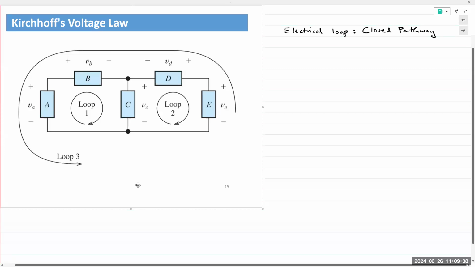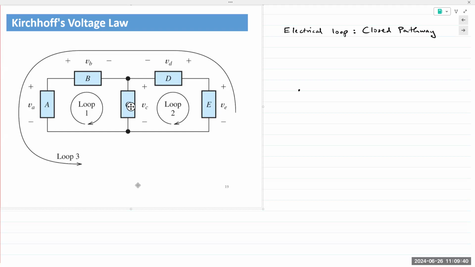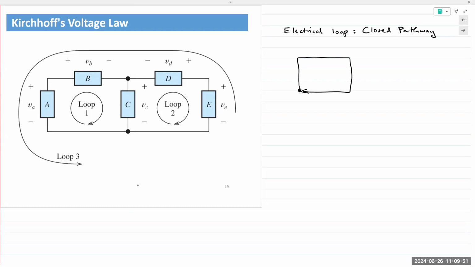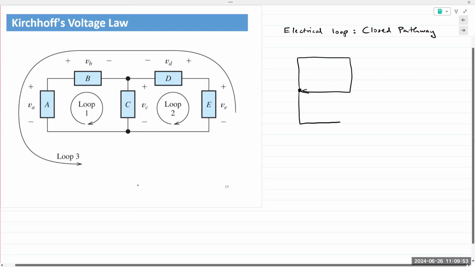Essentially, if you start at a point in a circuit and you go around, you end up back at the same point.